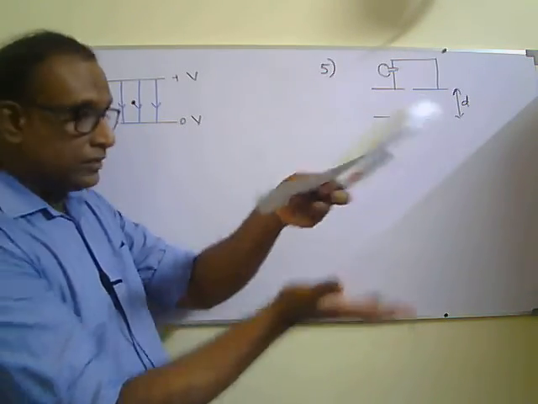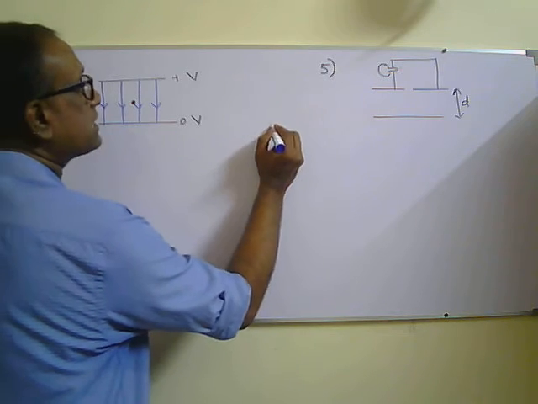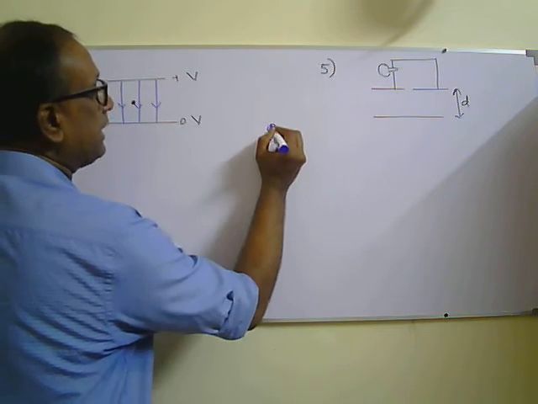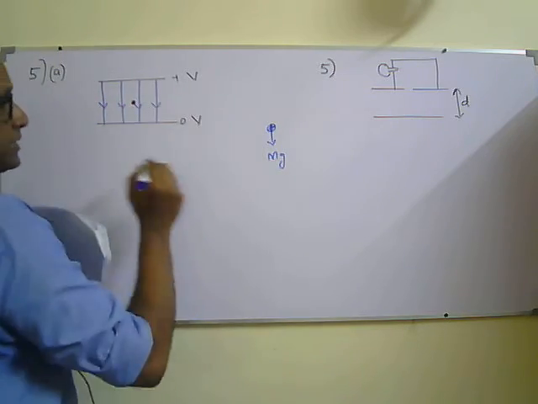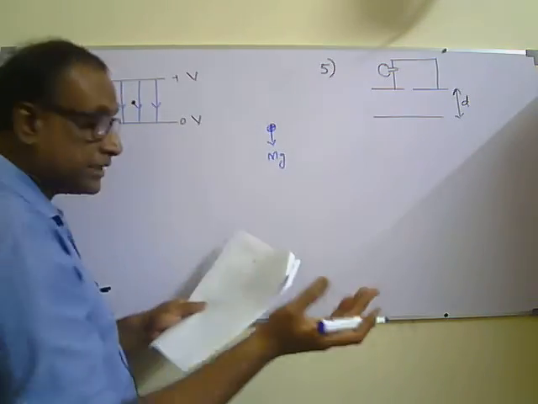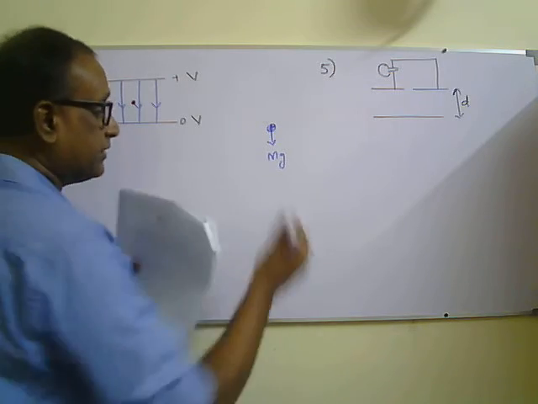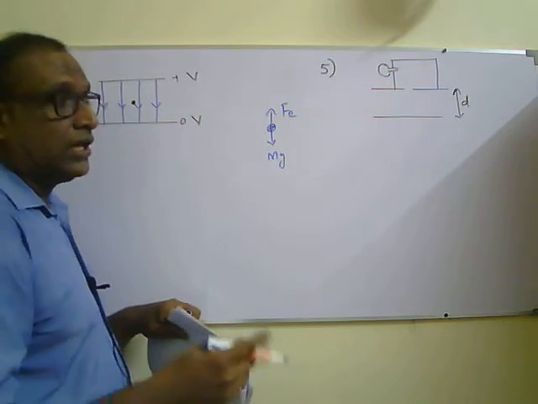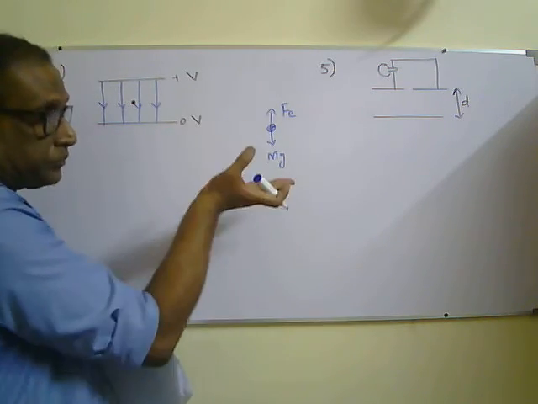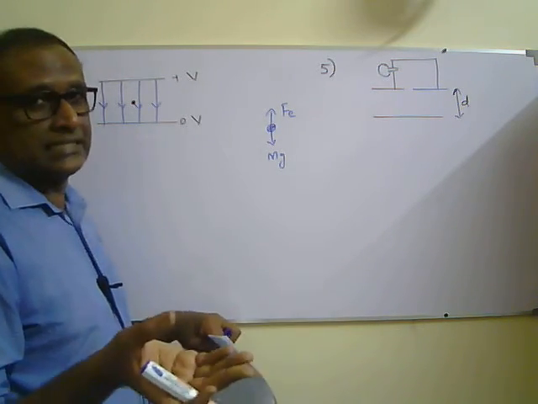When you think about the forces acting on the oil drop, it will have weight downwards. The upper plate is positive, so the oil drop is negatively charged, already it's given. So the electrostatic force will be upwards, and due to the buoyancy effect there will be upthrust. But for an oil drop, the upthrust is negligible.